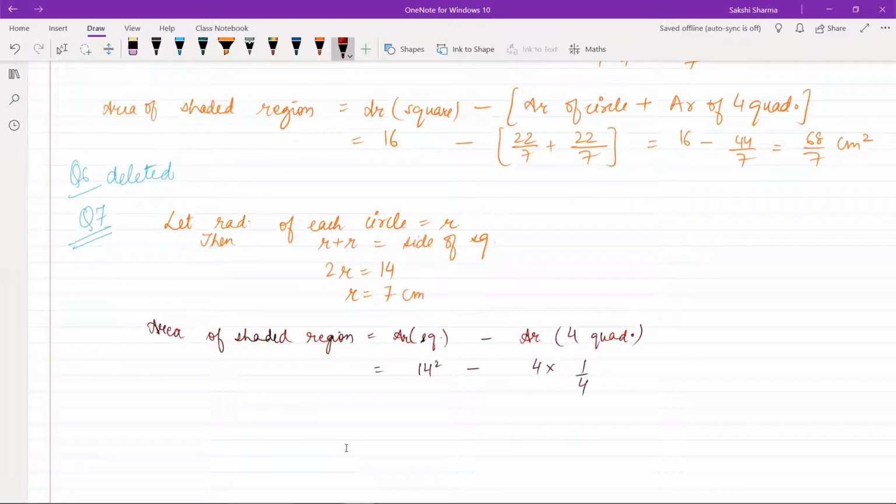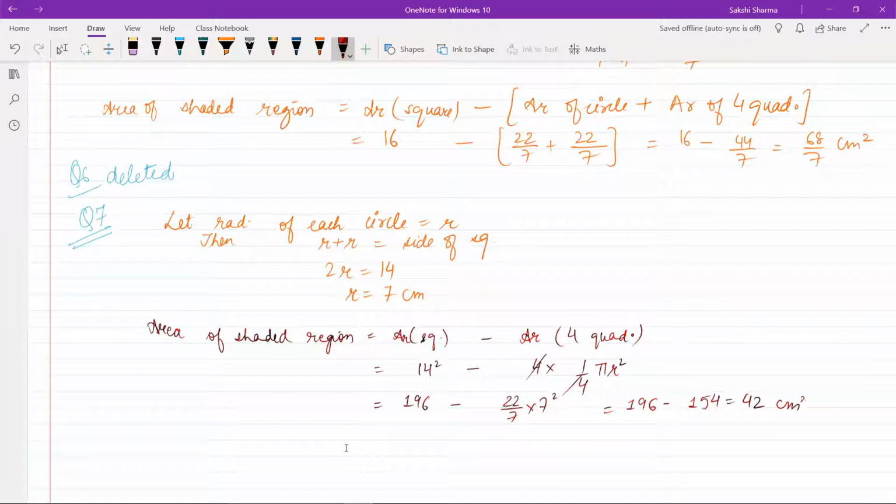This will be 4 times 1/4 pi r squared. So simplifying, this will be 196 minus 154 equals 42 centimeters squared.